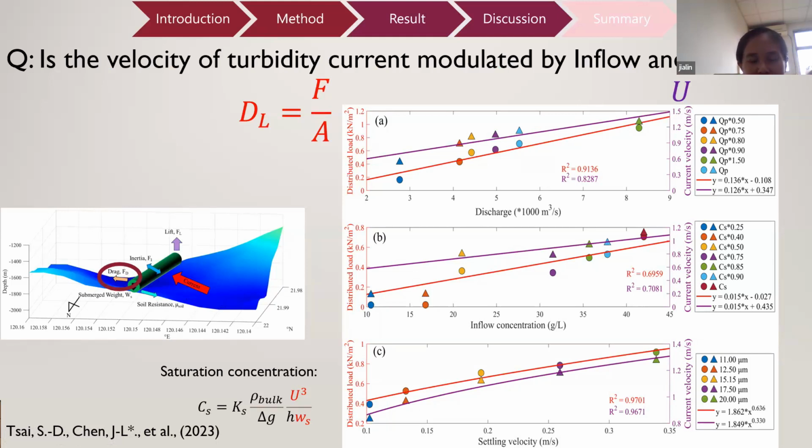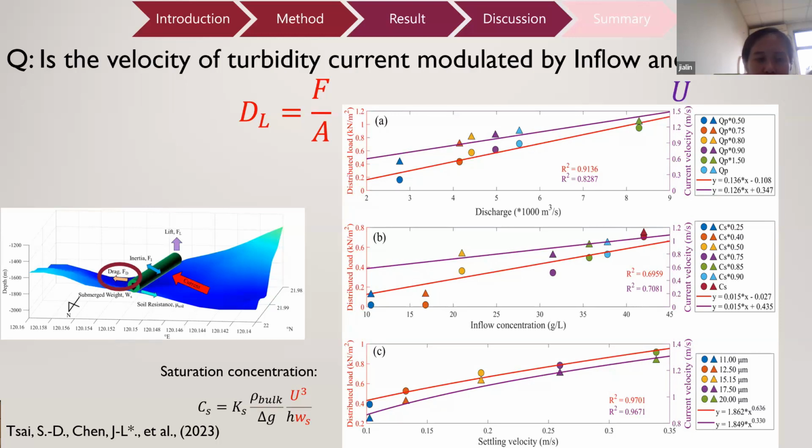But in a tank, there are a lot of limitations, like they cannot adjust the discharge to too high, or they cannot use the realistic concentration in the ocean, or they cannot use different grain size in the ocean. They probably need to scale it down a little bit and altogether scale down other parameters.